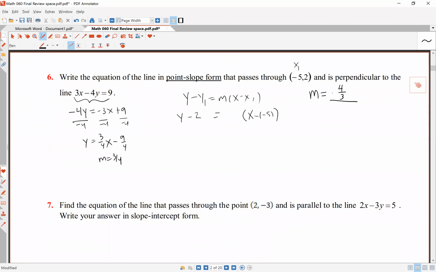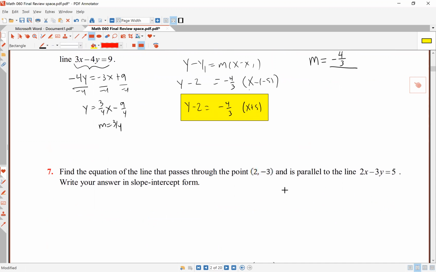When you have perpendicular lines, take the reciprocal and change the sign. So we have -4/3. So that's x plus 5. And that's point slope. According to the directions, we can leave it just like that, in point slope.